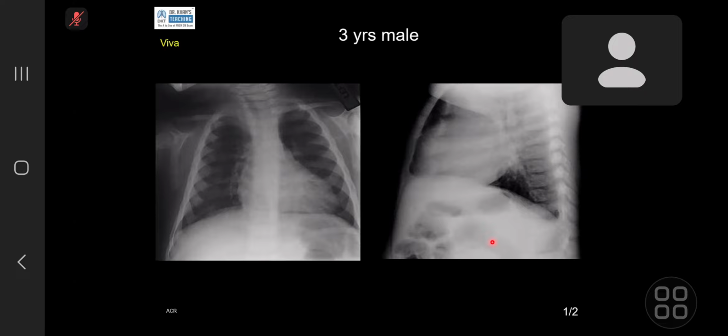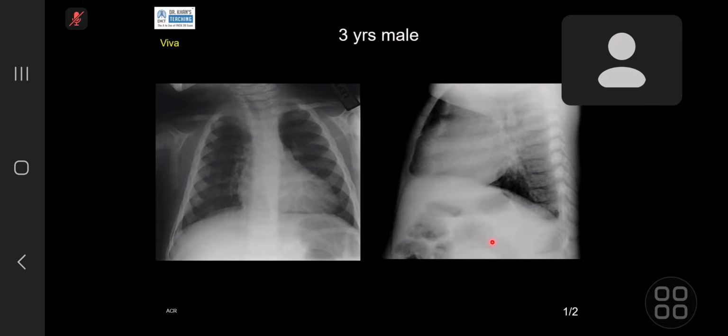Yes, sir. In this child, I think there is some widening of the anterior aspect of the ribs.